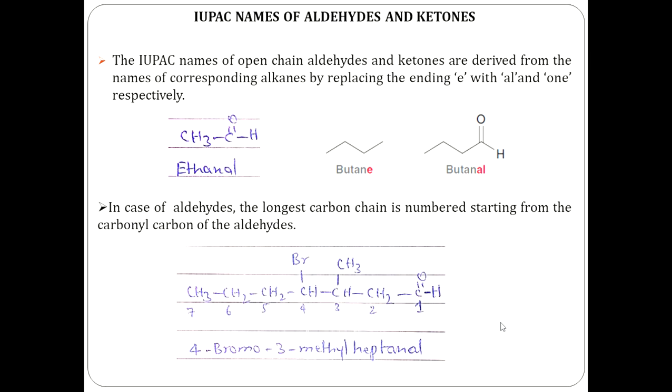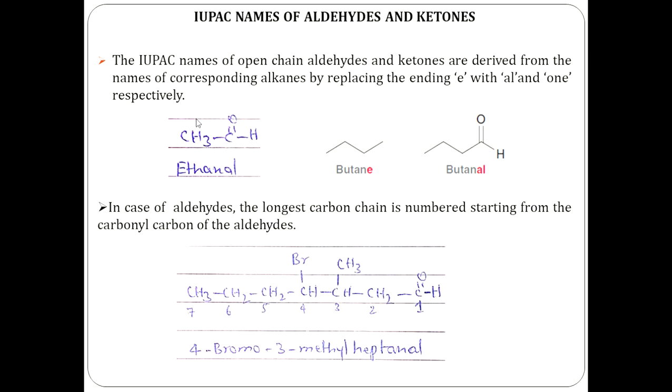Next, when you come to IUPAC names of aldehydes and ketones, it is very important. The IUPAC names of open chain aldehydes and ketones are derived from the names of corresponding alkanes by replacing the ending -e with -al, -ol, and -one, respectively.